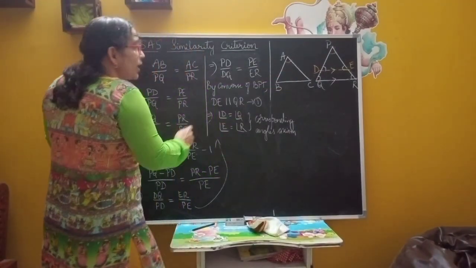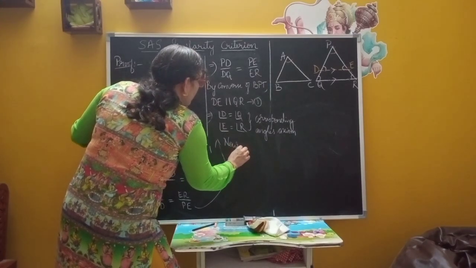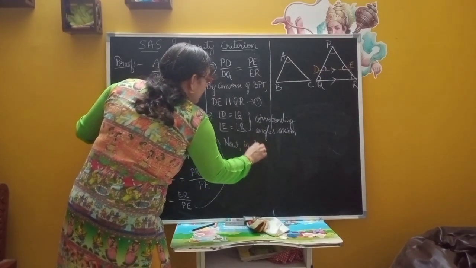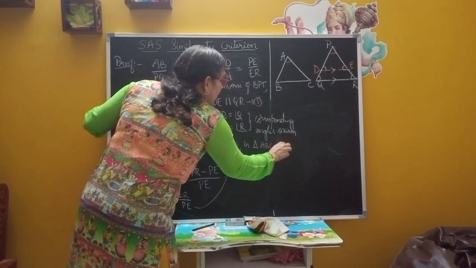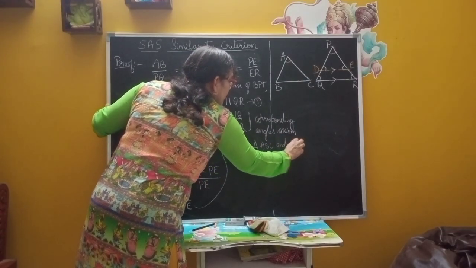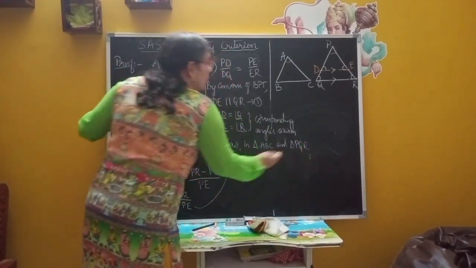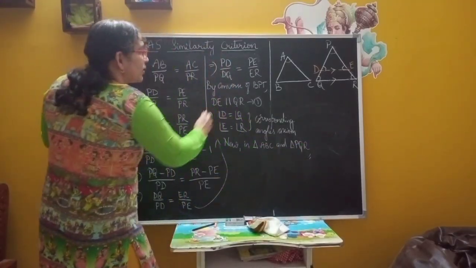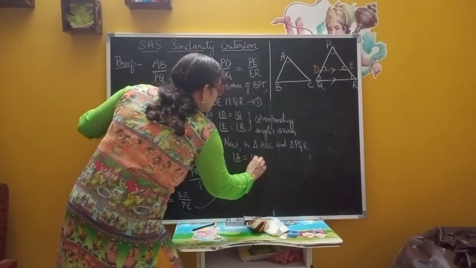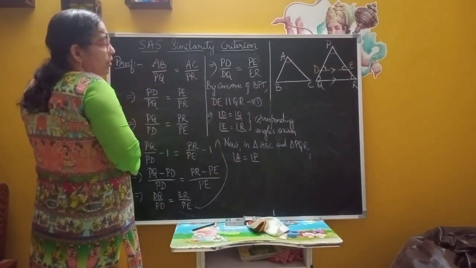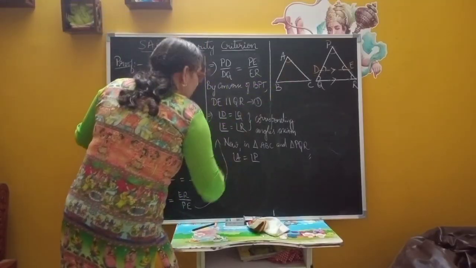Now in triangle ABC and PDE, angle A is equal to angle P, and AB is equal to PD.